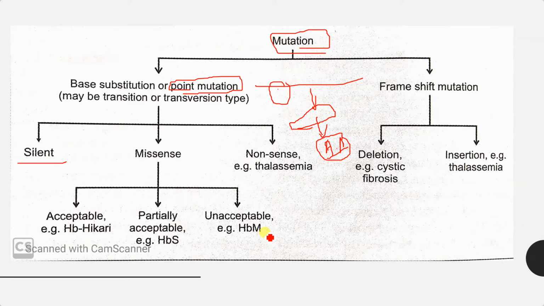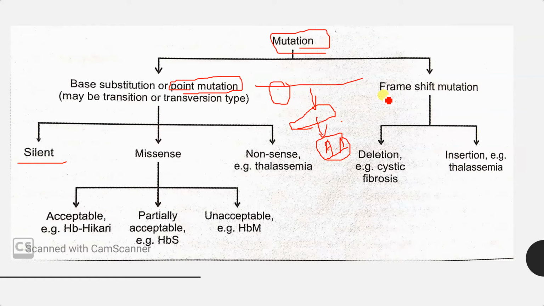How they are classified, we'll see in the next slides. Finally, the last category is nonsense, where the base pair is altered, which results in a terminating codon, so the amino acid or protein will stop being synthesized.